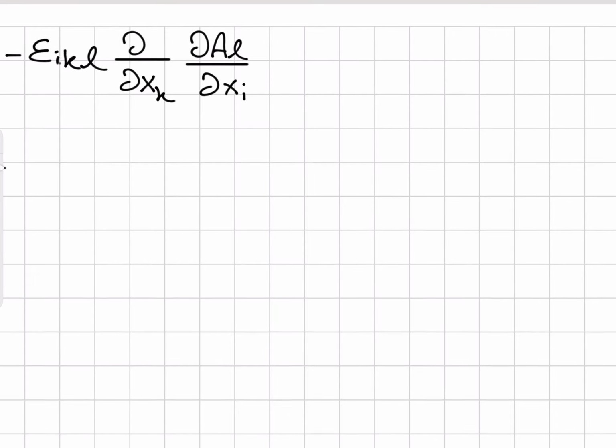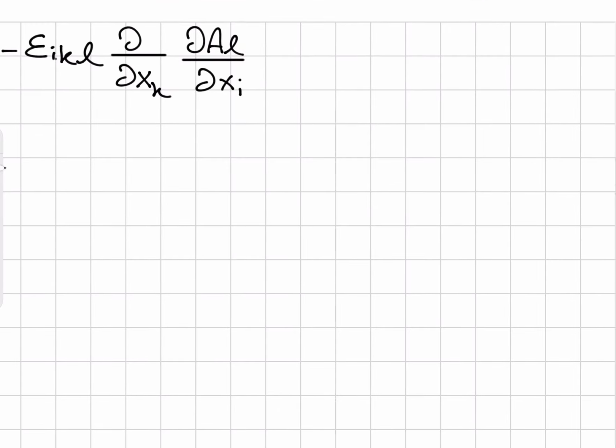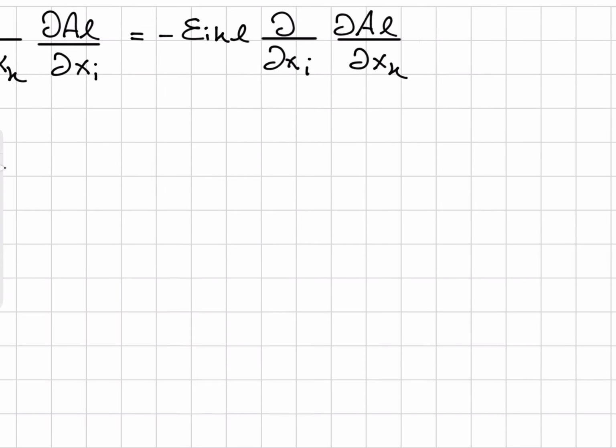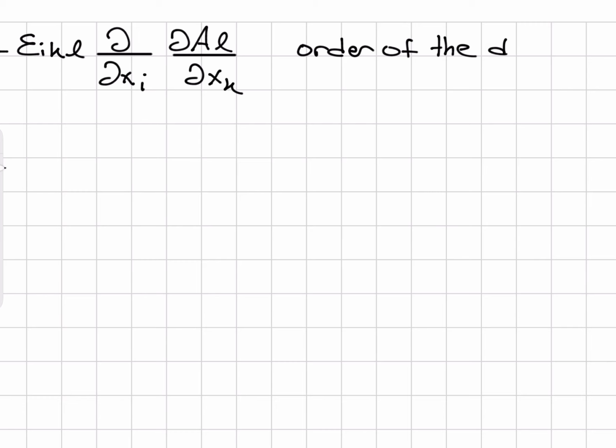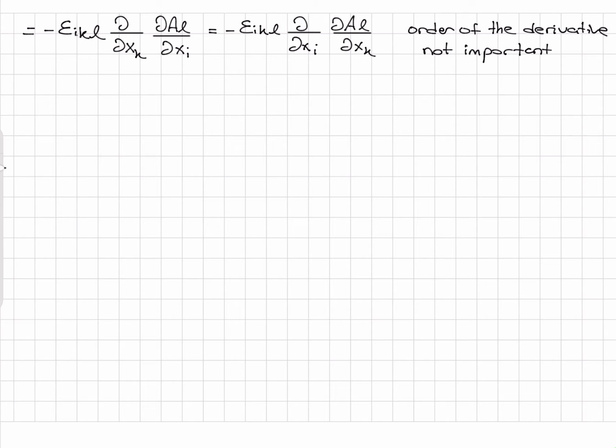Now the order of the derivative doesn't matter, so I can also write this as minus epsilon ikl del xi del Al del xk. Okay, so the order of the derivative is not important. So I can do that.